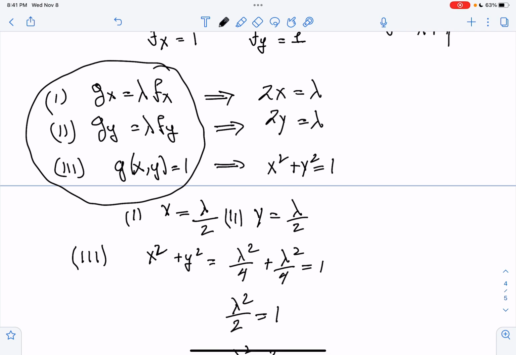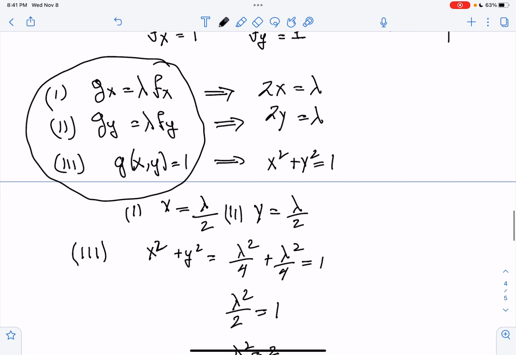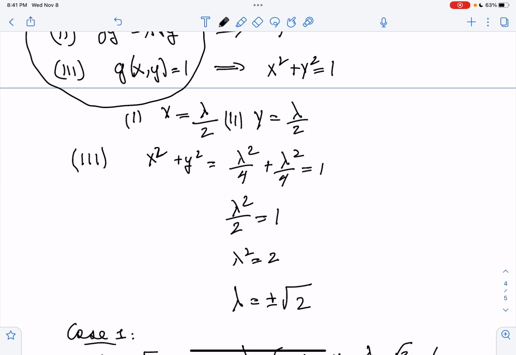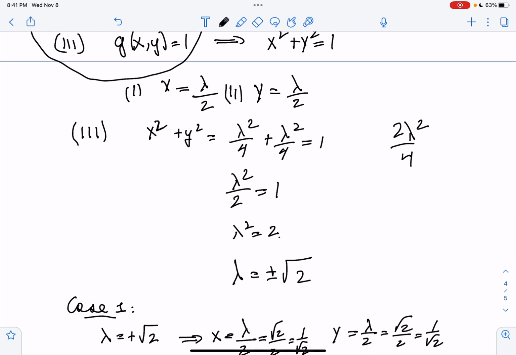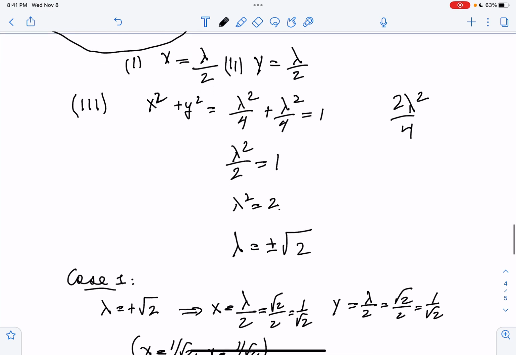So that becomes lambda squared over 4 plus another lambda squared over 4 equals 1. So that becomes 2 lambda squared over 4, or lambda squared over 2 equals 1. Cross multiplying gives lambda squared is 2, and square rooting gives lambda equals plus or minus root 2. So these are the values of the Lagrange multiplier.